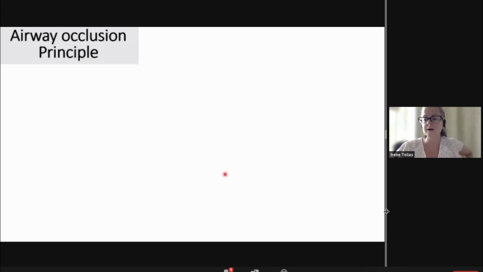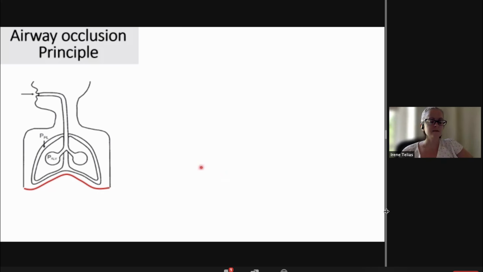The two of them are based on the airway occlusion principle that goes as follows. As I told you, in order to generate a breath, we need to contract our respiratory muscles. That changes the shape of the chest wall, generates negative pressure within the pleural space, and this drives the air inside the chest, okay, from here to here. When we perform an expiratory occlusion, we occlude the airway.